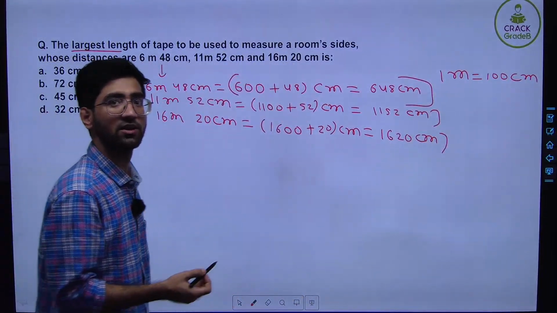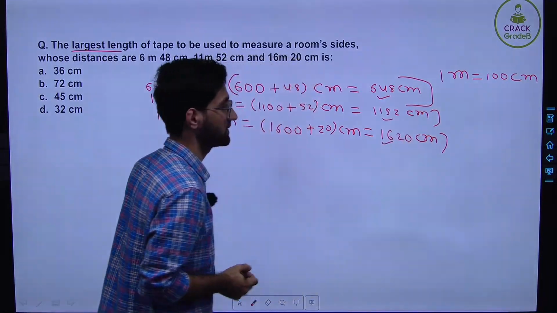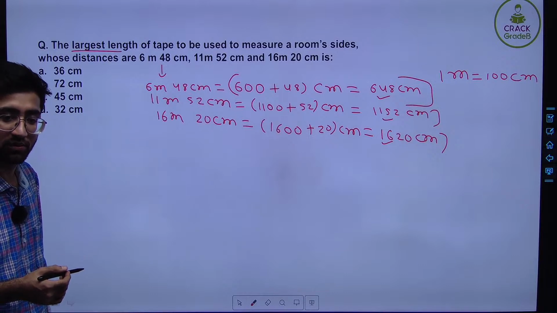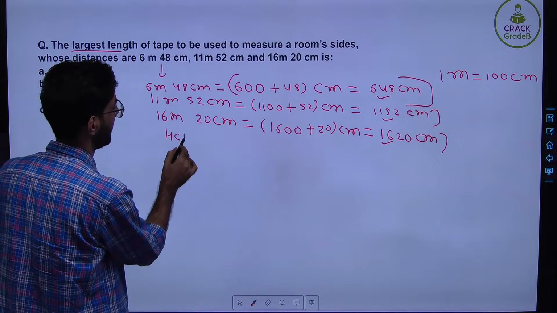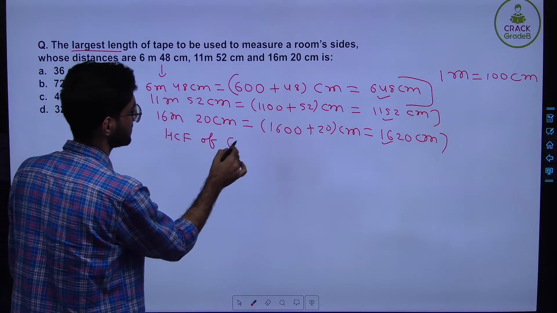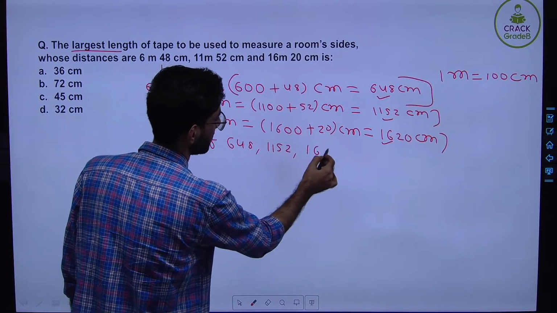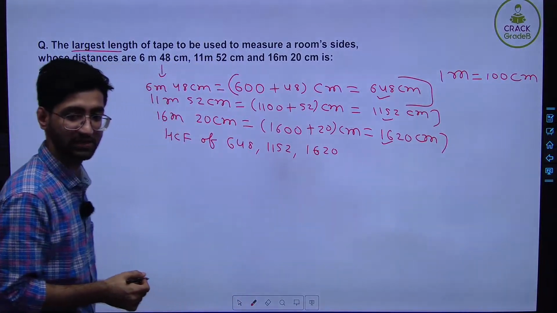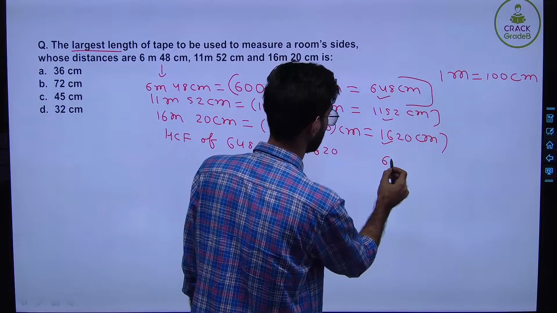So basically, we have to find the HCF of 648, 1152 and 1620. Okay, you have got 36? Okay, so basically try to find the HCF.